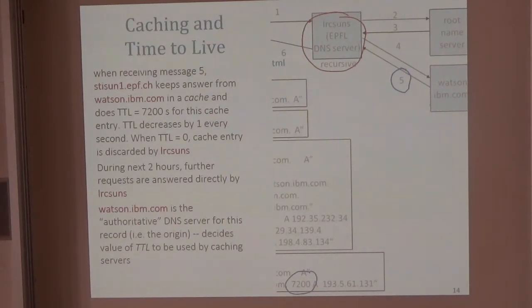Here, we ignore this, so we don't require that the things are consistent, so that if an IP address has changed, all the caches will be invalid, but they will still return the old address. Of course, we don't want that to happen forever, so there is a time to live. Whenever you cache something, you keep it only for some time. So when this server has received the address from ibm.com, it has received in the message a time to live, which is in seconds here.